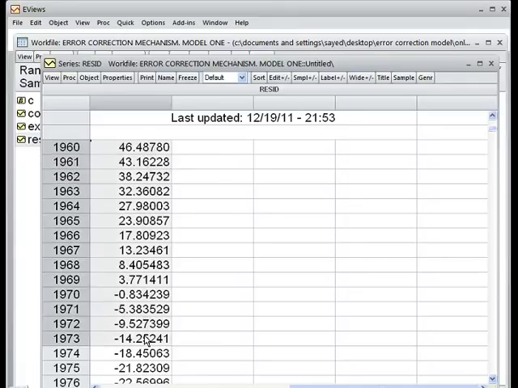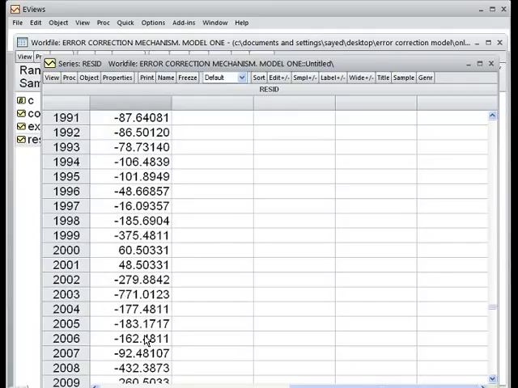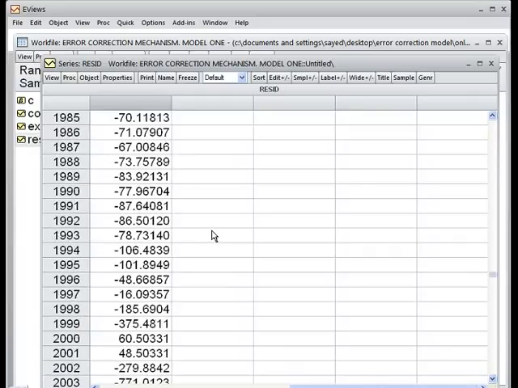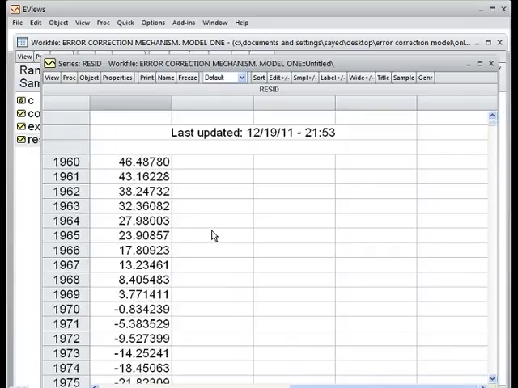From 1960 to 2020, you can see from here. And if this residual is stationary, then our regression model is not spurious.